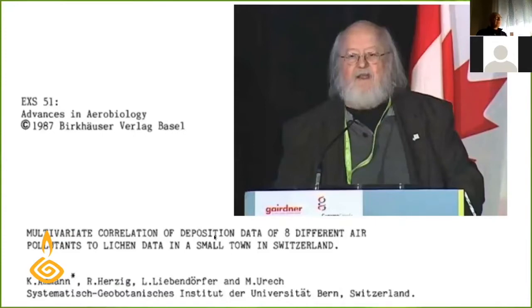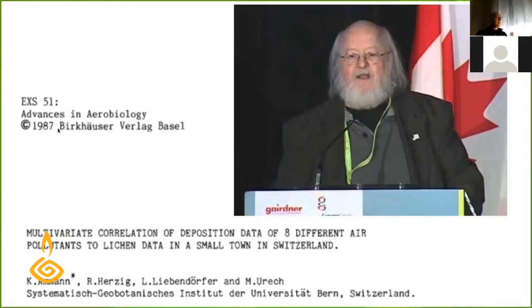And then the very final step of this process, to establish a very strong method, was done in Switzerland by a team of researchers from the University of Bern, led by Professor Klaus Ammann.